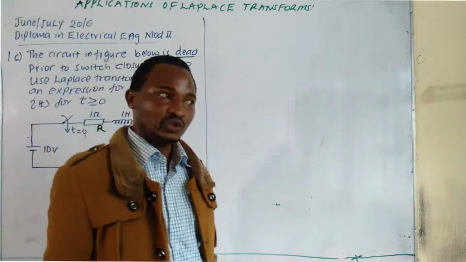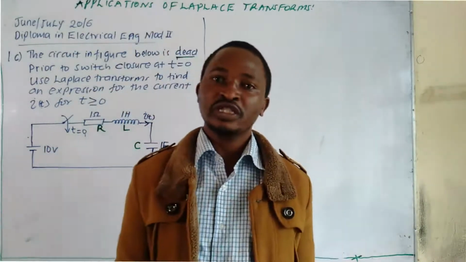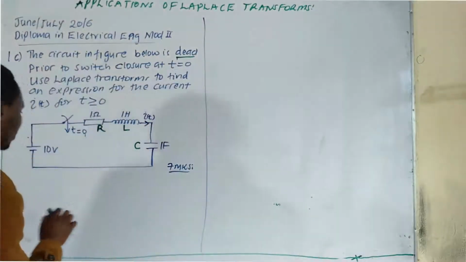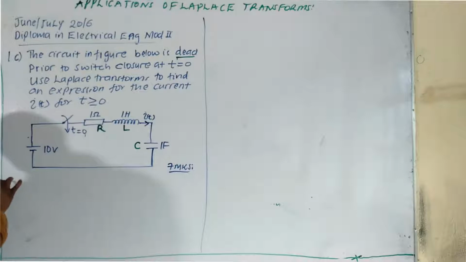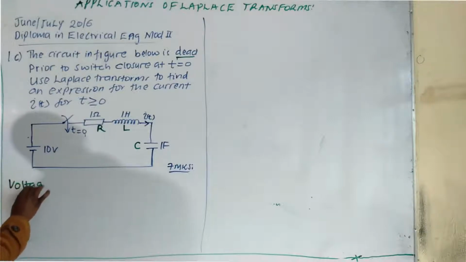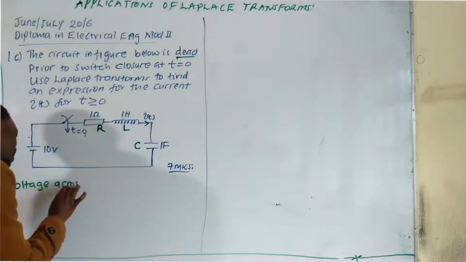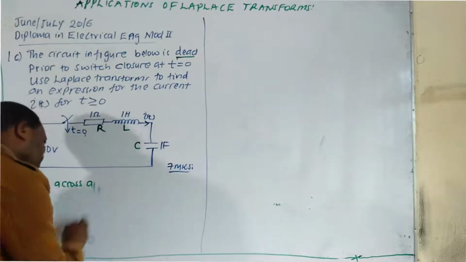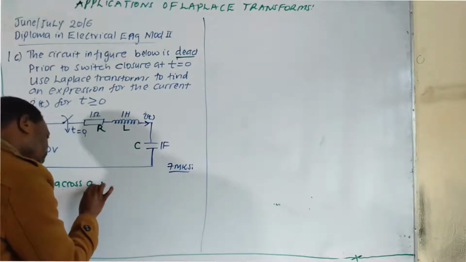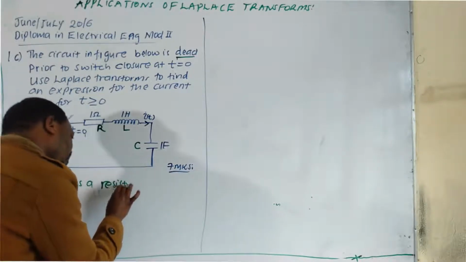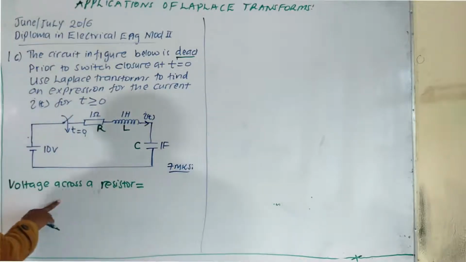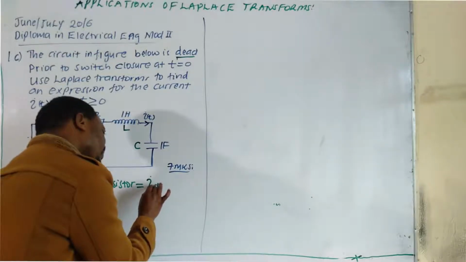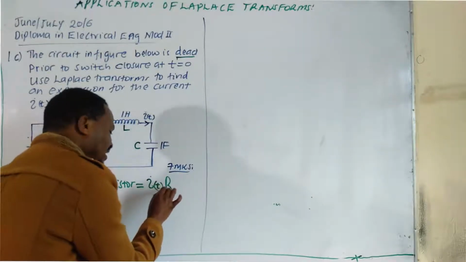The first thing we need to do is to find the expression for voltage around the loop. But before we do that, we need to know that the voltage across a resistor is expressed as the current flowing through, which is a function of time, times the resistance of the circuit.